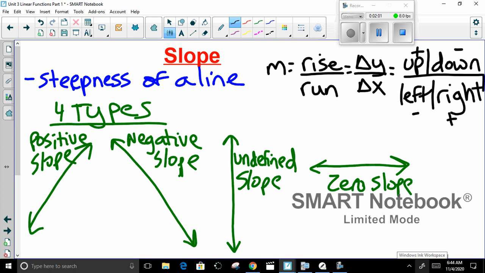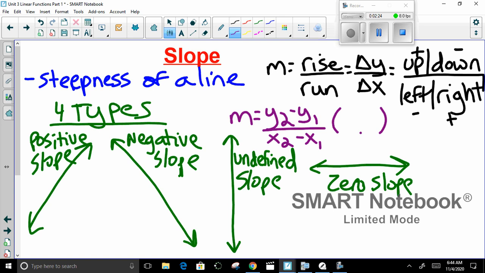The very last thing we looked at on Monday is finding the slope if you're given 2 points. And we use that slope formula, y2 minus y1 over x2 minus x1. Don't forget, this is if you're given 2 points. Remember, an ordered pair is x and then y.